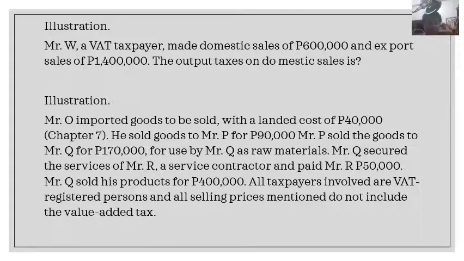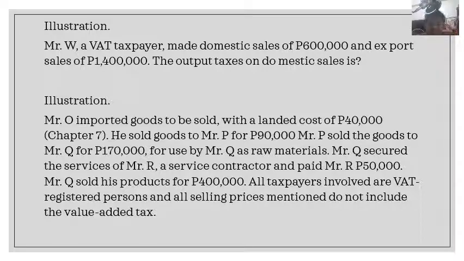So, syempre, ibabawas niya ngayon yung binayaran niyang VAT. Yung binayaran niyang VAT kay Mr. O. Magkano na yung binayaran niyang VAT kay Mr. O? 10,800. So, ulitin natin ha.